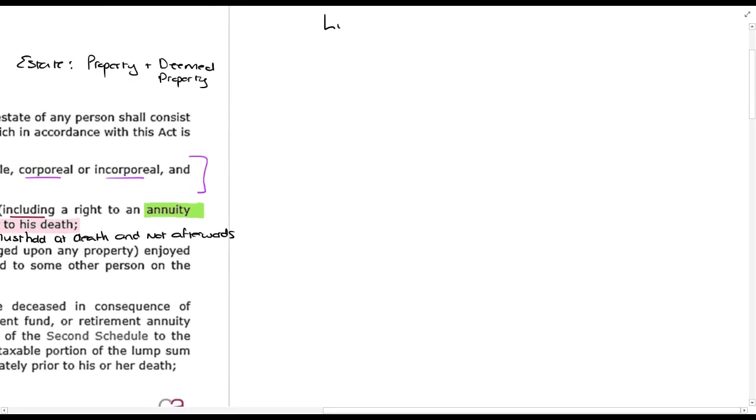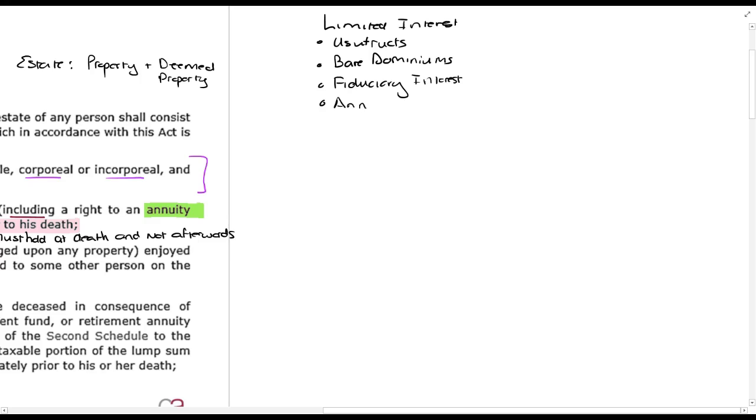The first thing I want you to see is that limited interests are things like usufructs, bare dominiums, fiduciary interests, annuities, and annuities will be on property and not on property.